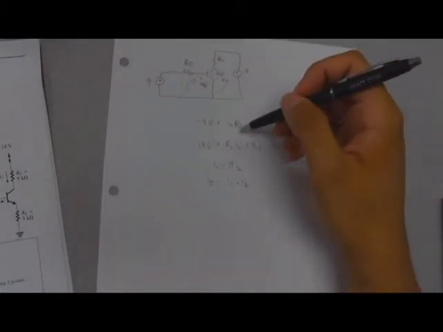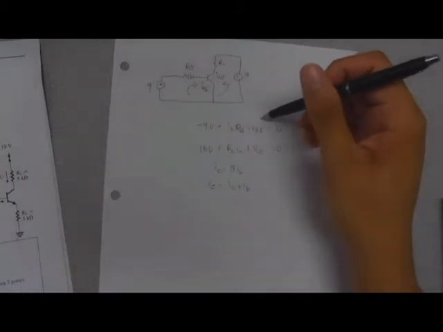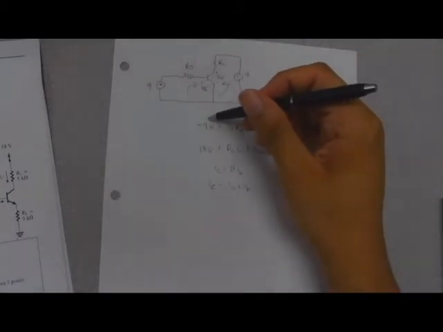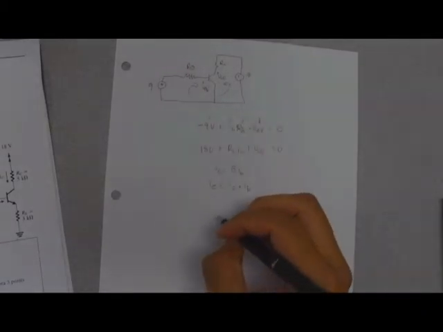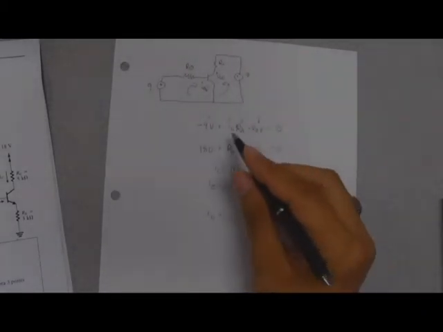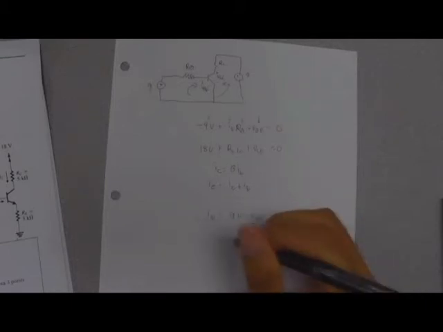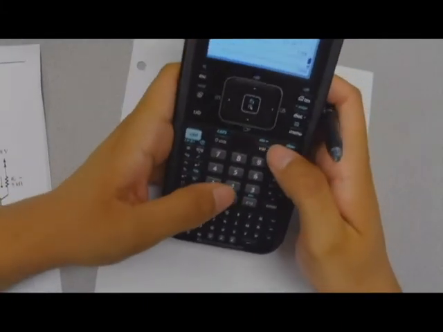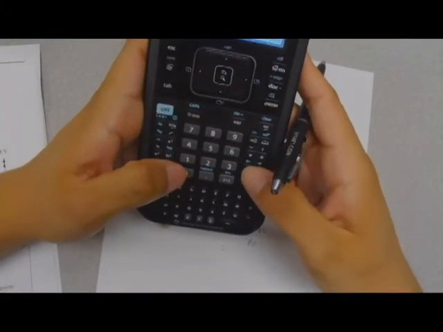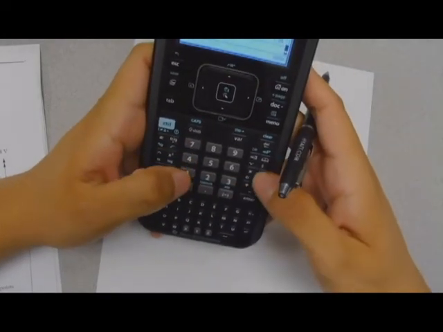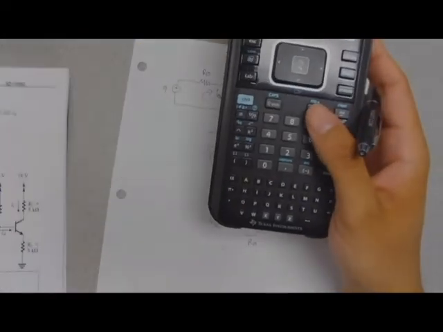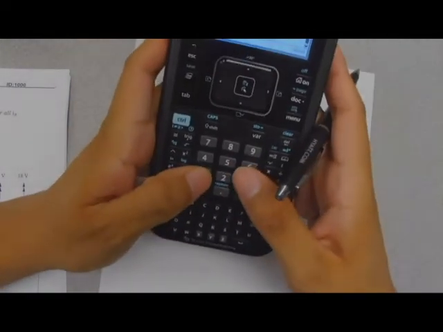Well, since we already have VBE, RB, and 9 volts, we can figure out what IB is. So IB is going to be 9 volts minus VBE over RB, which is 9 minus 0.74 over RB, which is 110K.